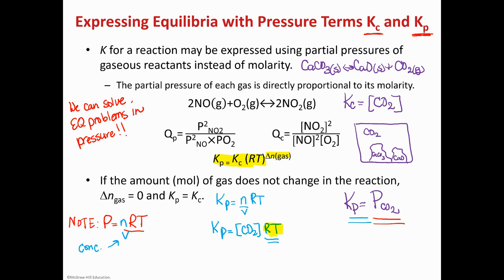So let's look at this simple one up here first, with the calcium carbonate. I have 1 mole of gas on the product side and 0 moles of gas on the reactant side. So my change in the number of moles of gas is 1 minus 0, and this factor of RT is to the first power.